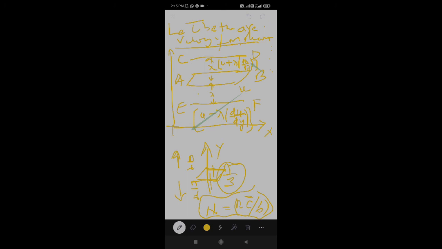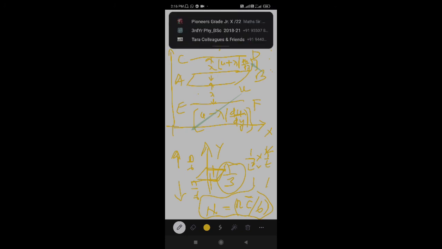You check this. Because n is the number per unit volume, and c is distance by time, or L by time. V is L cube. Whenever you cancel this L with one L in L cube, you are going to get L square. So you get the number of molecules crossing the unit area per unit time through any given surface.